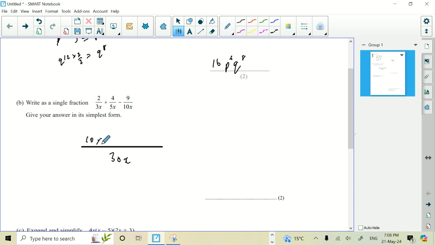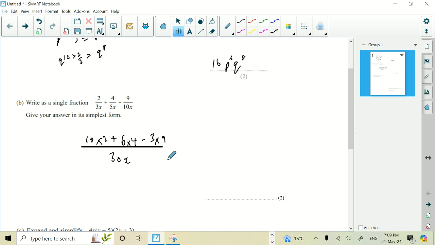And 3x goes into 30x, must write the x there, 10 times. So it's 10 multiplied by the numerator, which is times 2. Plus, we've got 5x that goes into 30x 6 times, so we've got 6 times 4, and then minus 10x goes into 30x 3 times, and 3 times 9 is 27.